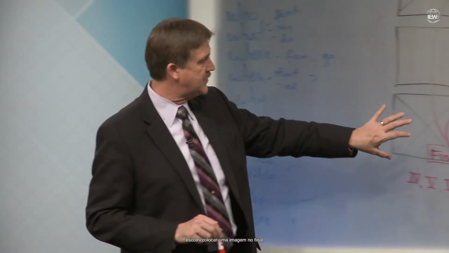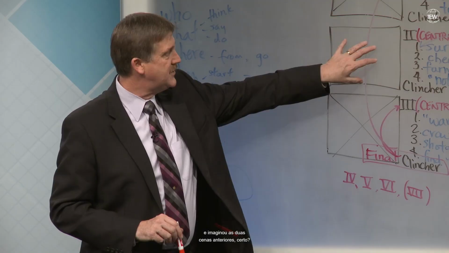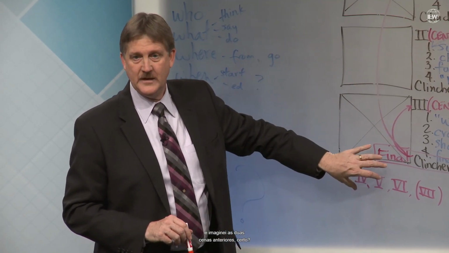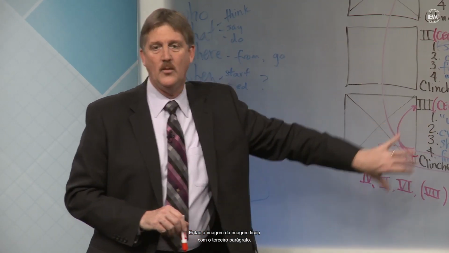Rockwell, of course, is so well known for creating these poignant moments. So this would be an example of 3 paragraphs to 1 picture. And I believe the student here chose to put the 1 picture at the end and imagine the previous 2 scenes, right? So the picture went with the 3rd paragraph.